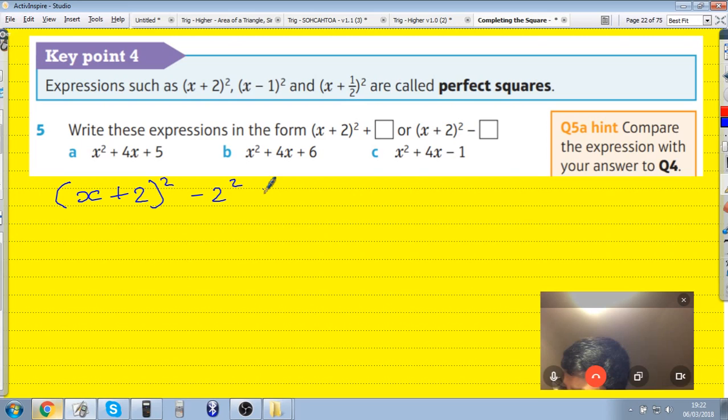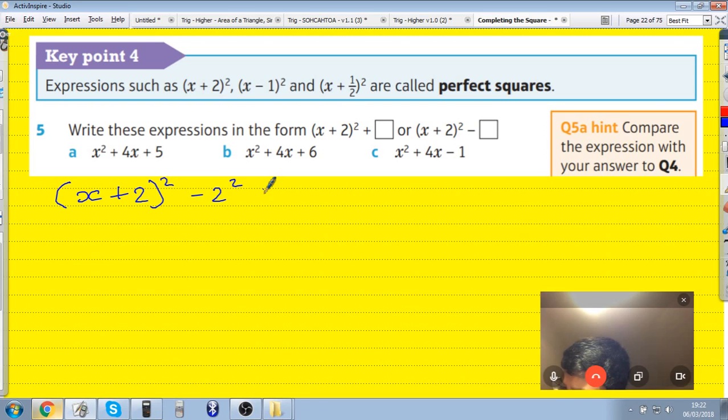So x squared minus 4x plus 6. So that would be x minus 2 squared minus 2 squared plus 6, which is x minus 2 squared plus 2.